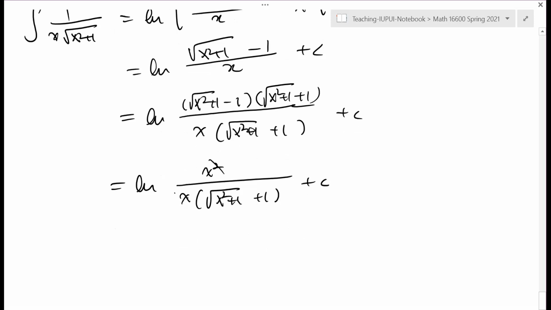Then you cancel one x, and that's what you get. But if you want to turn it upside down, you have to put a negative sign in front. This is exactly the same answer as we got before.